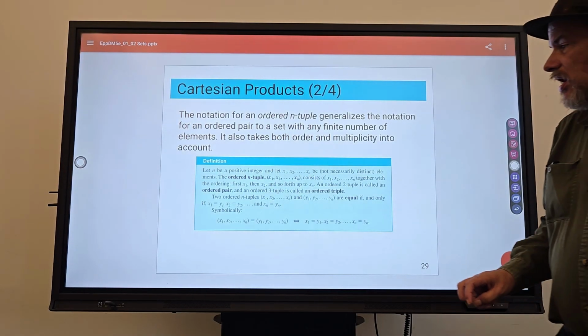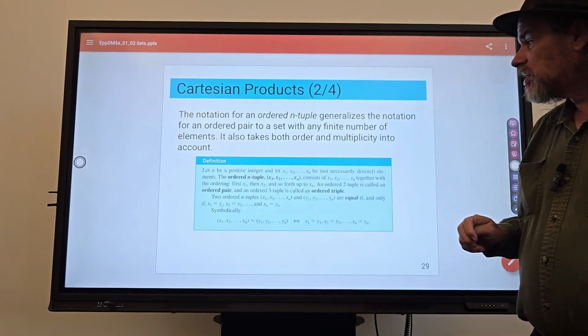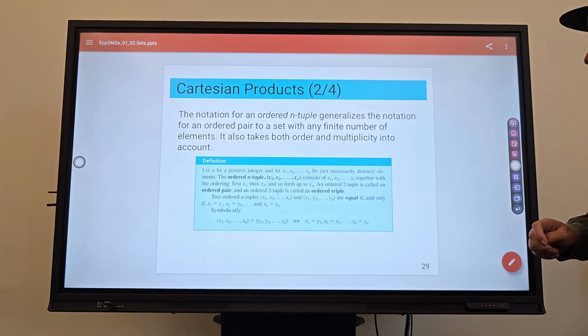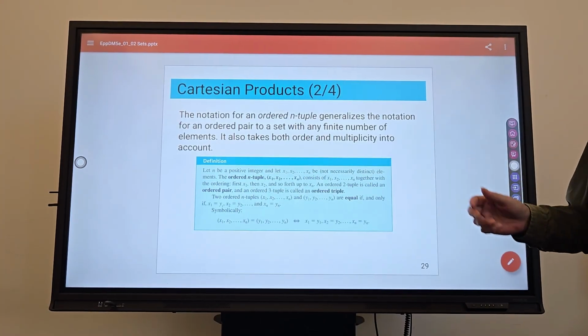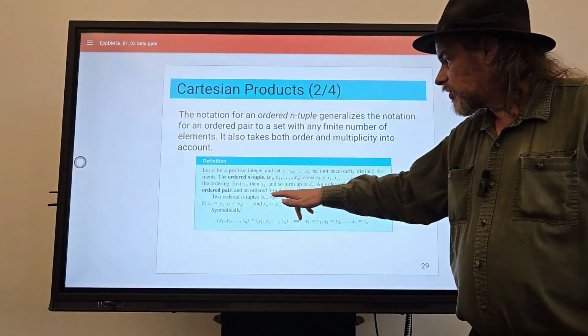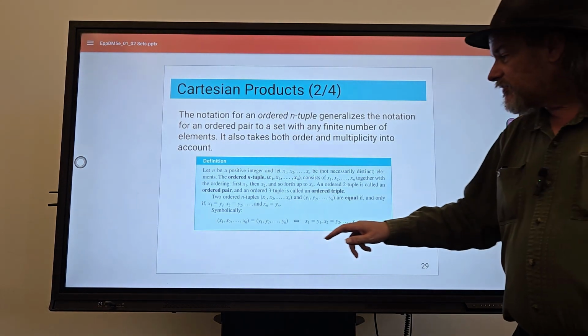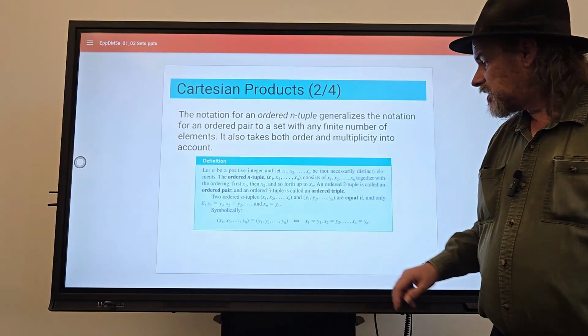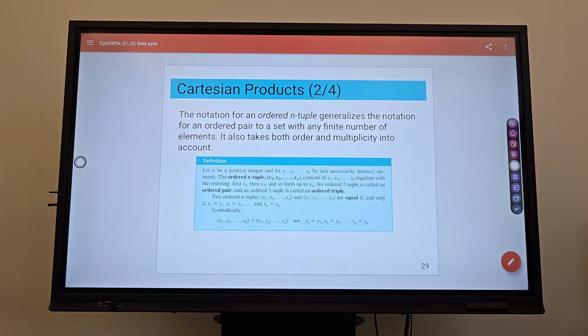The order does matter, multiplicity does matter, and you would call it an ordered 10-tuple, for example, for 10 elements, or an ordered pair for 2, and an ordered triple for 3. They're only equal if each corresponding element is equal in value. So element 5 in one has to match up with element 5 in another for them to be equal, and so on and so forth.